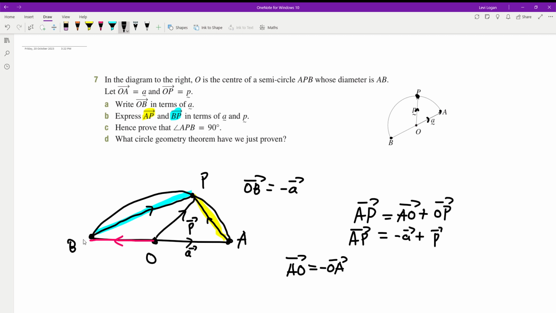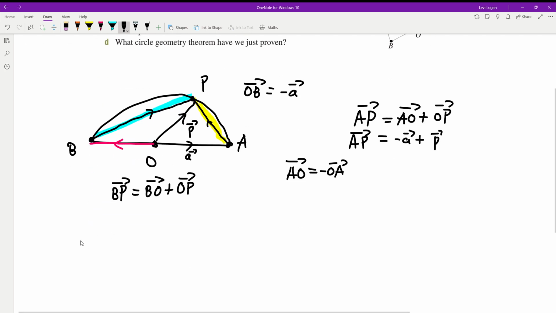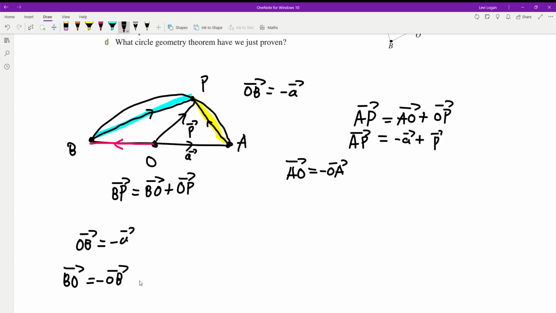Now, if we want to go from B to P, we go from B to O, and then we go from O to P. Now, remember, O to B was negative A, but B to O is negative O to B, so that means it would be positive.